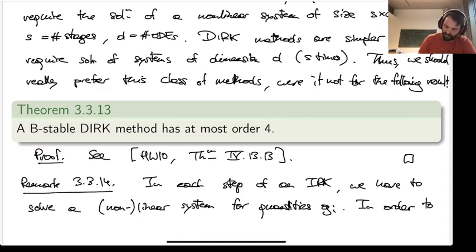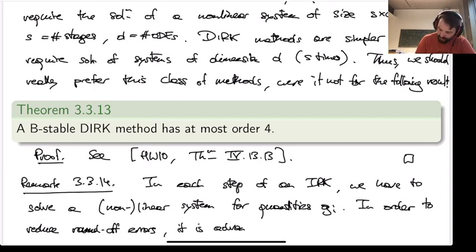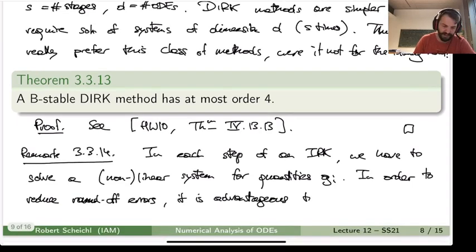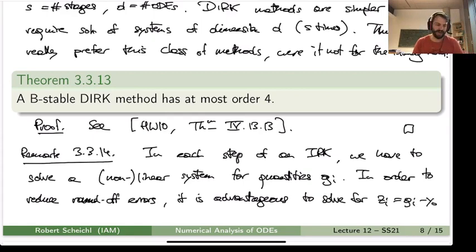So in order to reduce round-off errors, it is advantageous to write the whole system in terms of the updates we solve for, z_i, which is g_i minus y0. So we never actually compute g_i, we always directly work with the z_i's, with the differences.